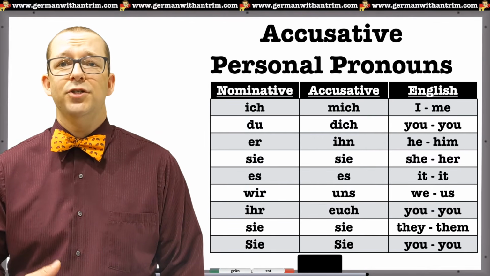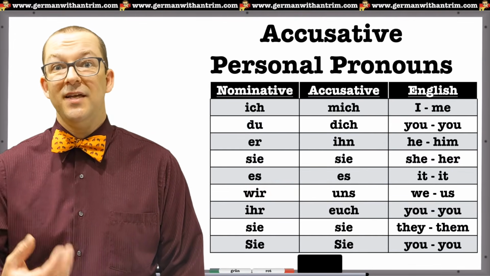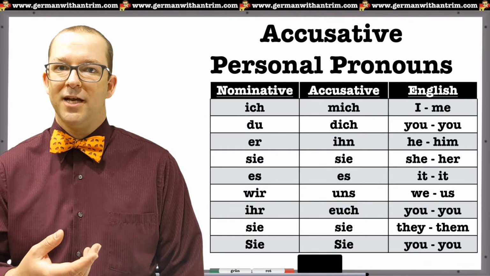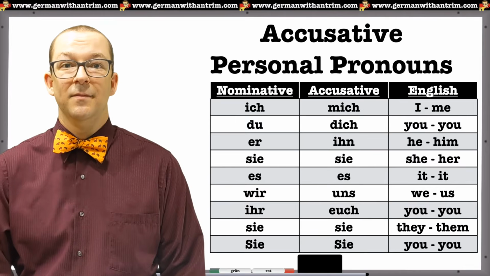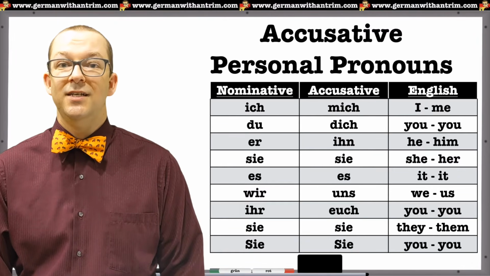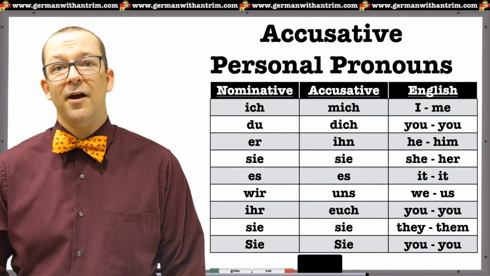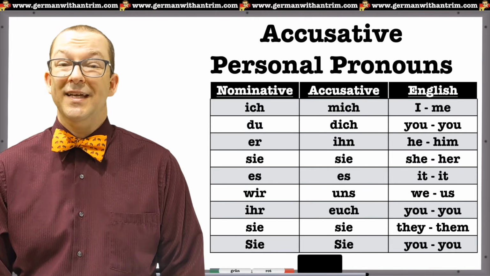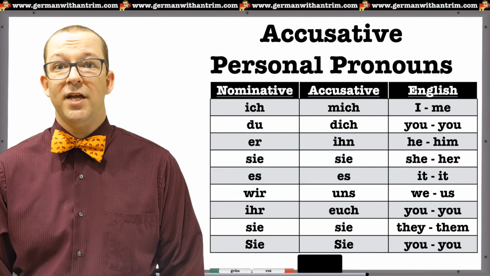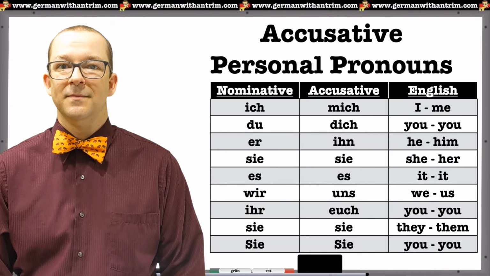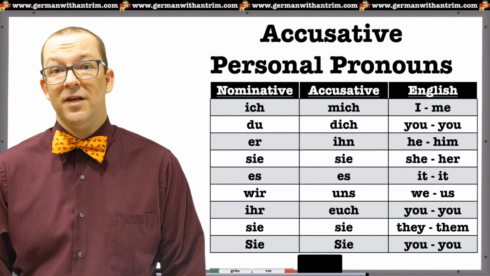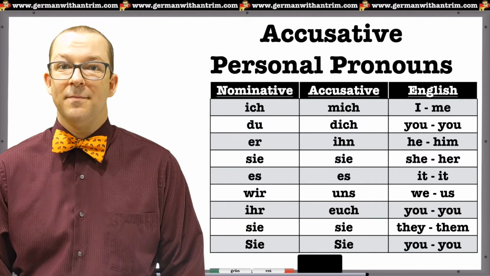In English, we don't change between you and you based on if it's the subject or the object. But in German, we do change from du to dich. Du, dich. I already mentioned er changes to ihn in the same way that he changes to him. Er, ihn. Sie, as I mentioned, and es both stay the same.